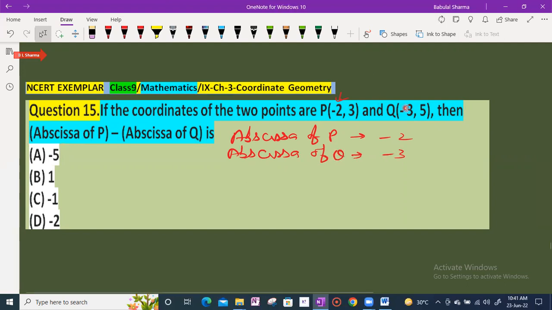Abscissa means x coordinate. So you can write -2 minus (-3), that is -2 plus 3, which is 1. So B is the correct option. The difference of the abscissas of point P and Q will be 1.